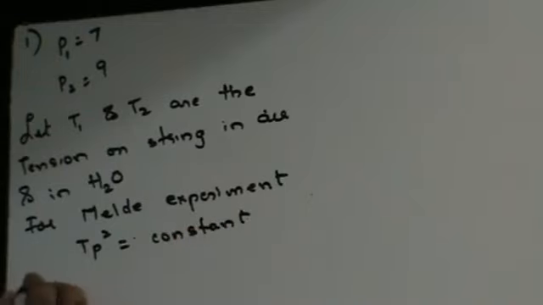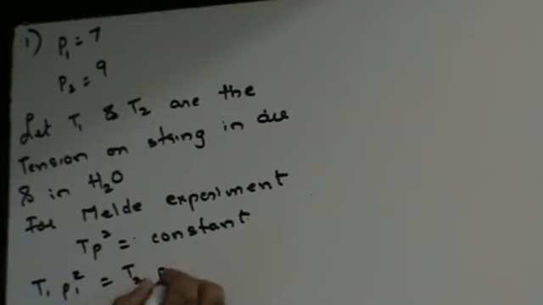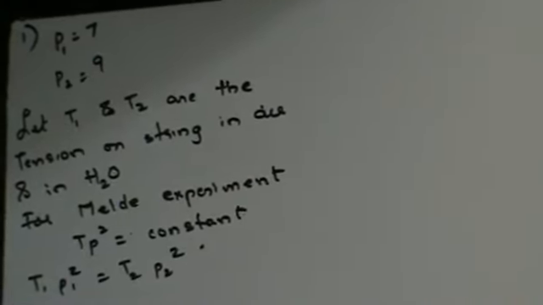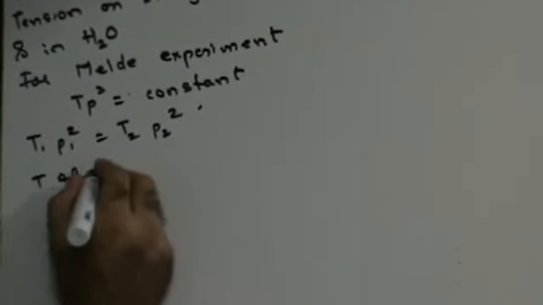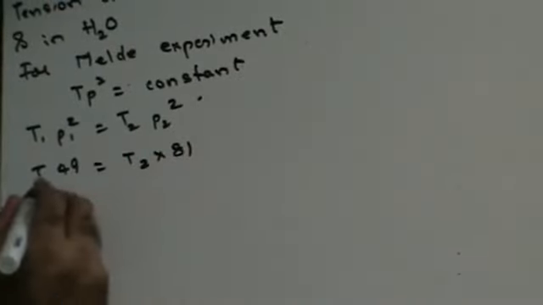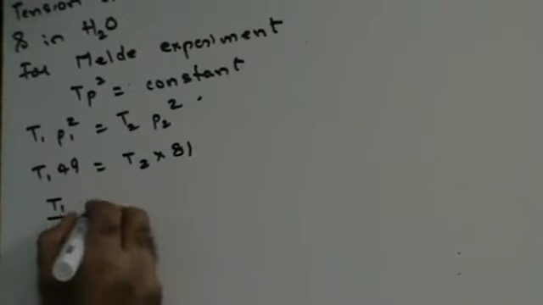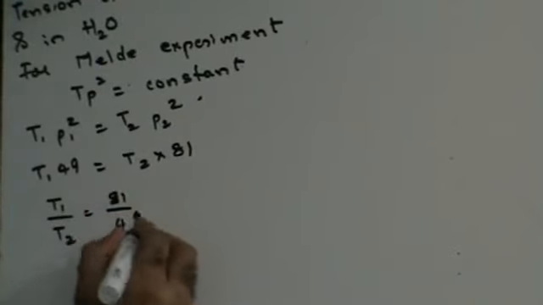Hence, I can say that T1 P1 square should be equal to T2 P2 square, right? In which case, T1 we don't know, P1 square 49 is equal to T2 P2 81. So in that case, I'll get T1 upon T2 is 81 upon 49, right?